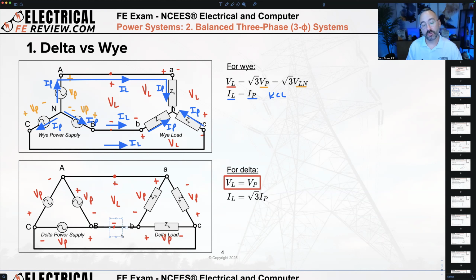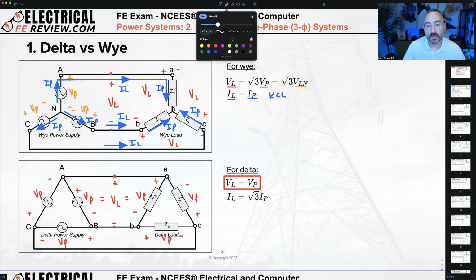Same thing, the negative voltage polarity on the B conductor measuring the line voltage, it's no different than if I put the negative polarity meter here or even here. These are all exactly in parallel. They're equal. So for the delta connection, there's no difference between the line voltage across the conductors compared to the phase voltage across just the power supply or the load.